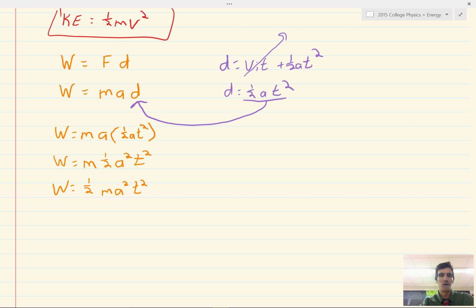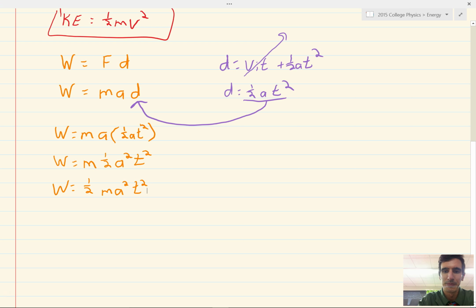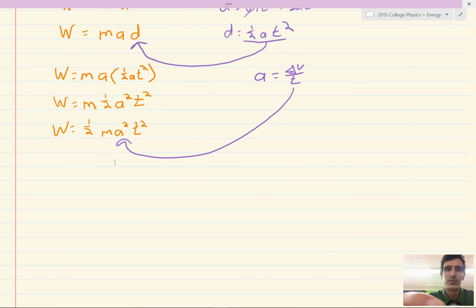Let's look at our original formula of acceleration. Acceleration is change in velocity over time. So wherever we see an a, we'll plug in change in velocity over time. So now we've got W equals 1/2 m, delta v over t, quantity squared, times time squared.